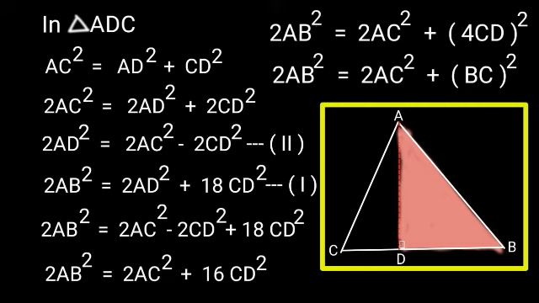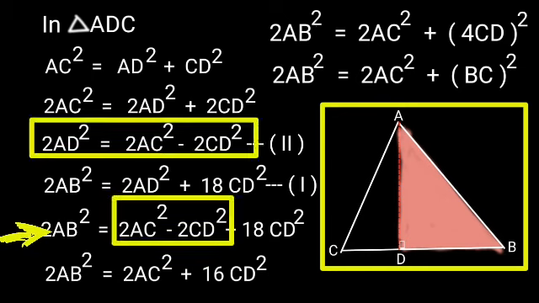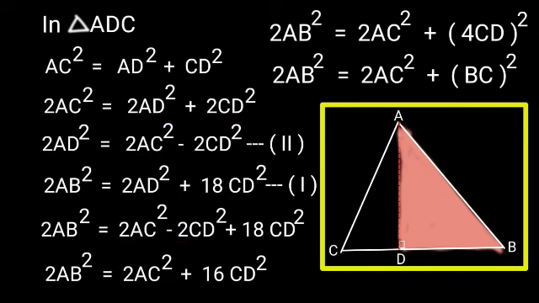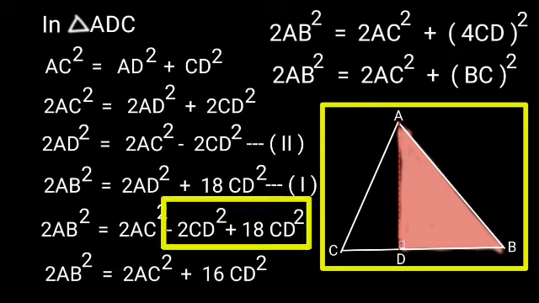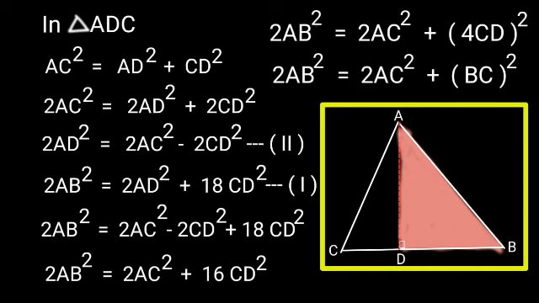Hence, in twice AB square, substitute the value of twice AD square from the second equation, that is 2AC square minus 2CD square plus 18CD square. Hence, twice AB square is equal to twice AC square plus 18CD square minus twice CD square, that is 16 CD square.